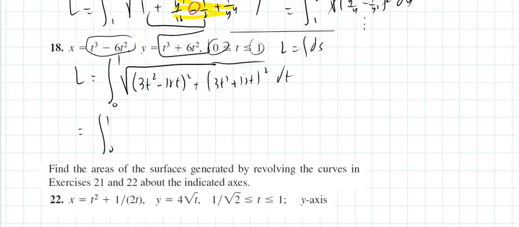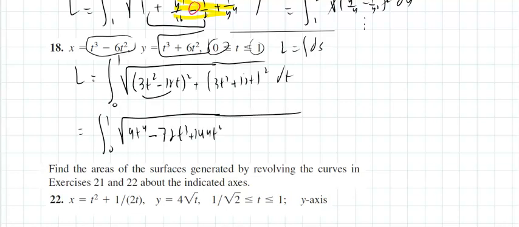That's going to be the integral from 0 to 1 of the square root, and that is 9t to the 4th minus 2ab, that's 72t cubed plus 144t squared. And here you're going to get the same thing with a plus. Yeah, so something will cancel out.